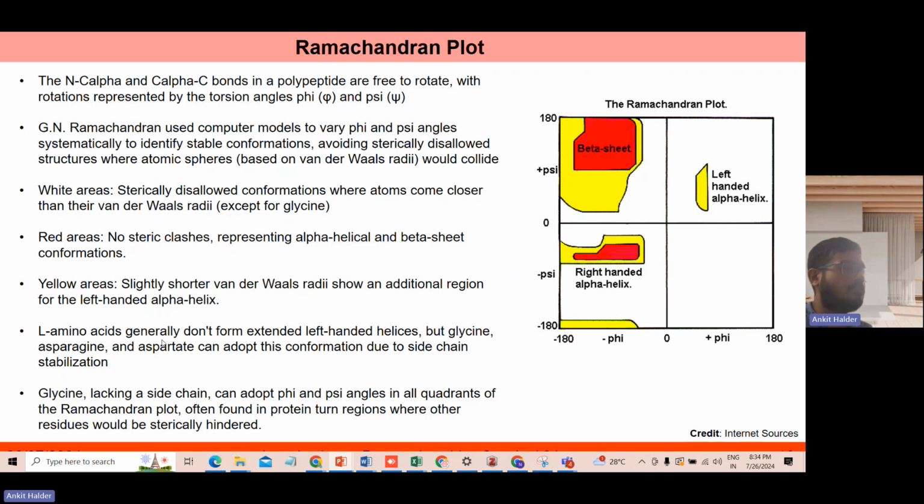L amino acids generally don't form extended left-handed helices, but glycine, asparagine, and aspartate can adopt this conformation due to side chain stabilization.